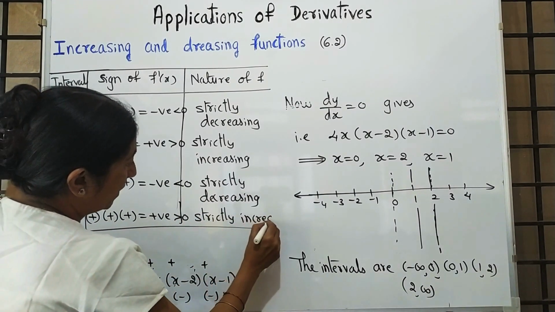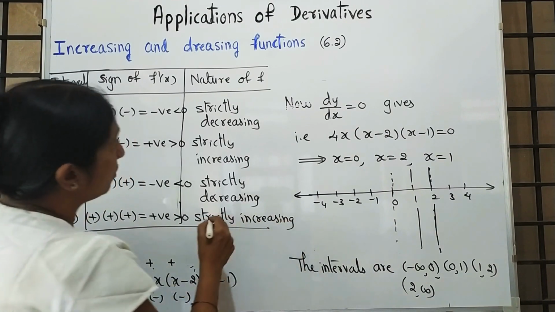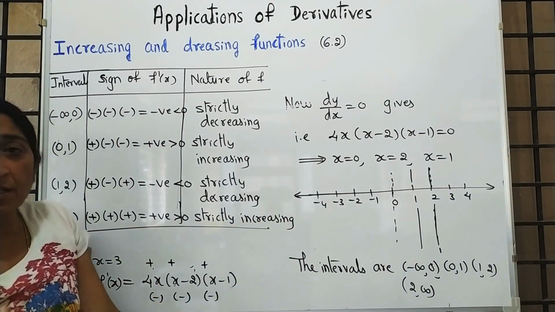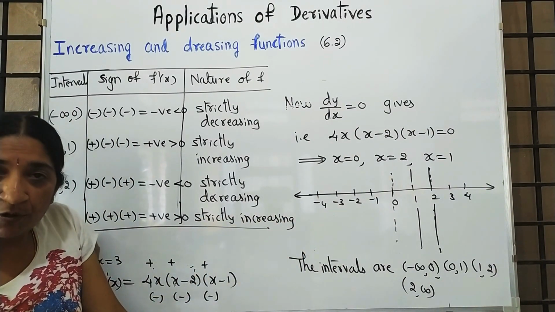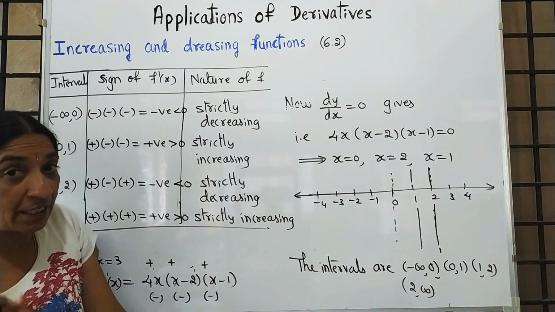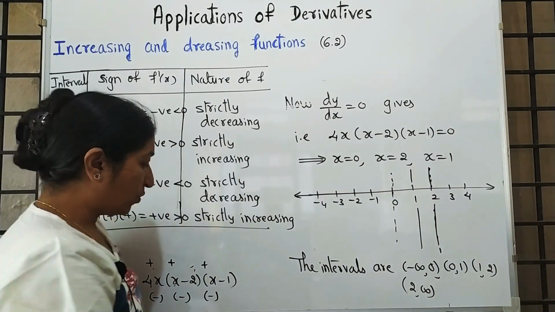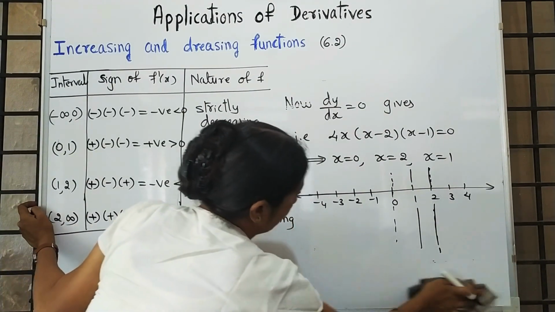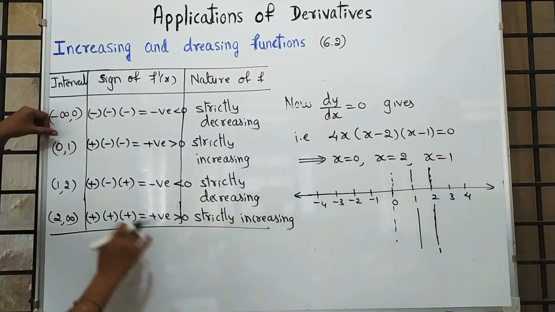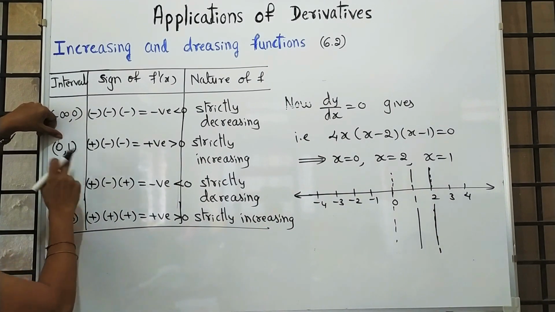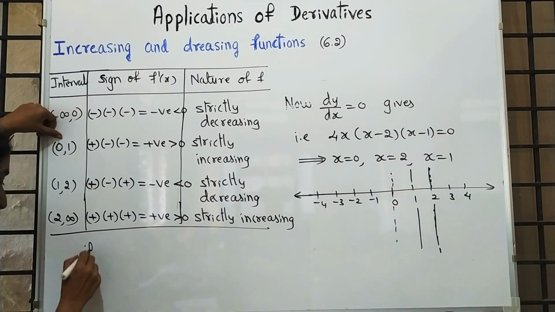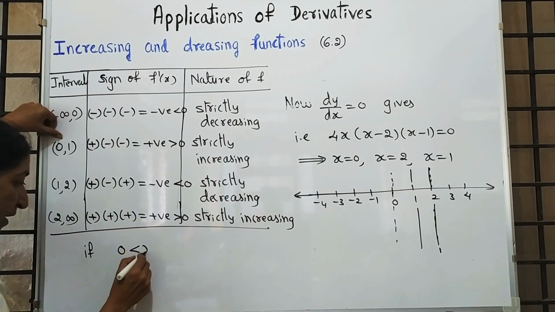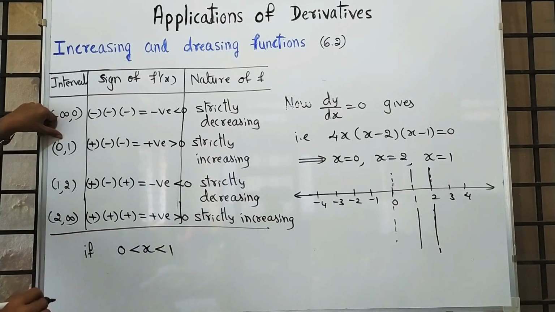But see, this table tells you the nature of the function. What is the question? Find the value of x if the function is strictly increasing. So in the table, the function is strictly increasing in 0 to 1. That means, if x is lying between 0 to 1, it is an open interval.